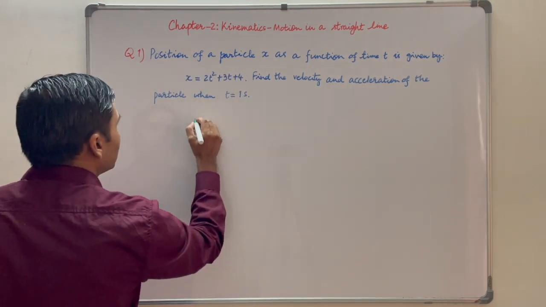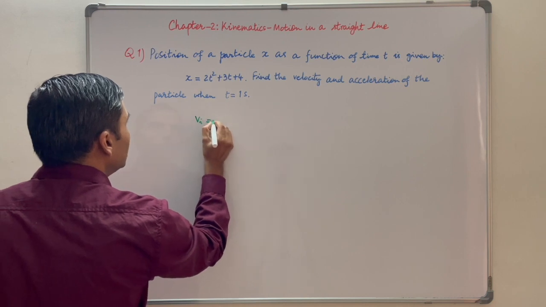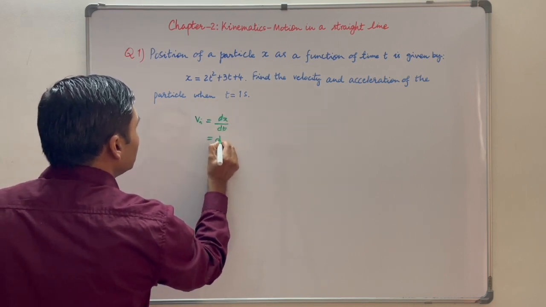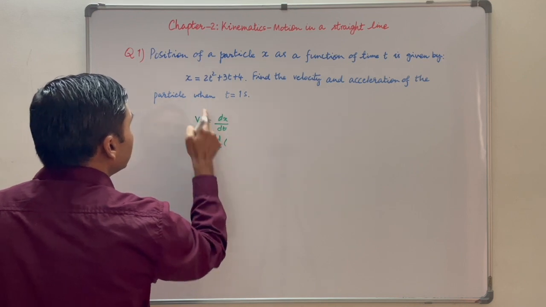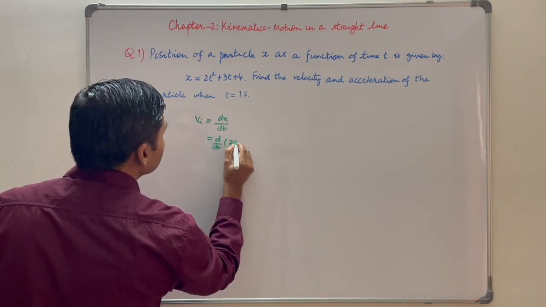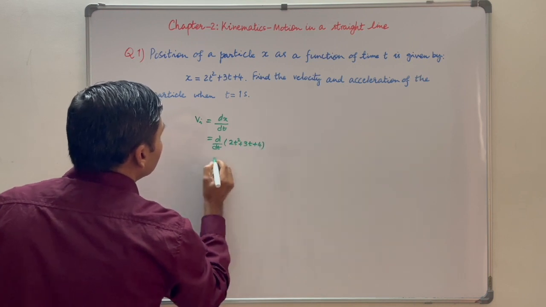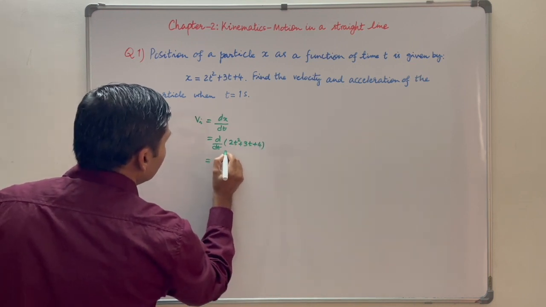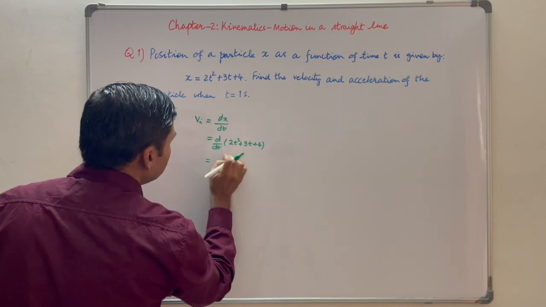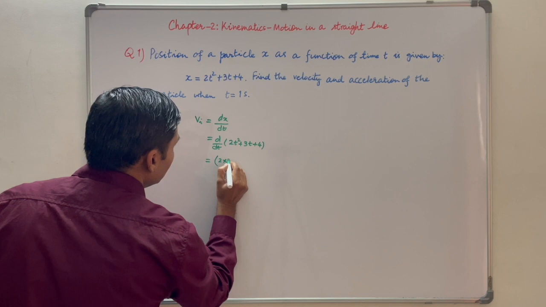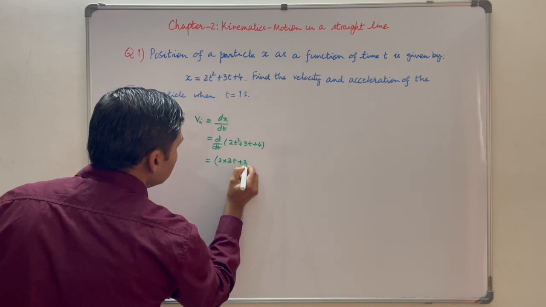So instantaneous velocity vi is equal to dx/dt. That is equal to d/dt of x, which is given as 2t² + 3t + 4. So this will be equal to differentiation of this whole with respect to t, which is 2 into 2t plus 3.